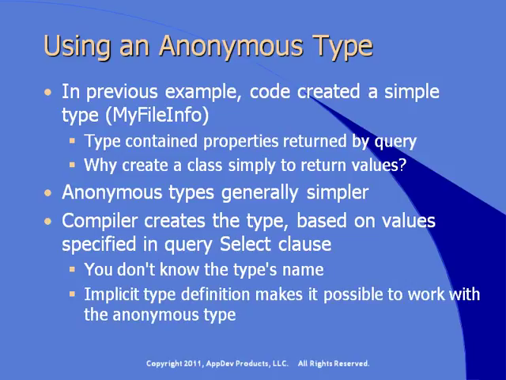This implicit type definition concept, that is, not defining the type of the variable you'll use to iterate through the results of your query, makes it possible to work with that anonymous type. If we didn't have implicit type definition, we couldn't use anonymous types. Well, let's look at an example that doesn't create a predefined type. It uses an anonymous type to get the same results as you saw in the previous example.